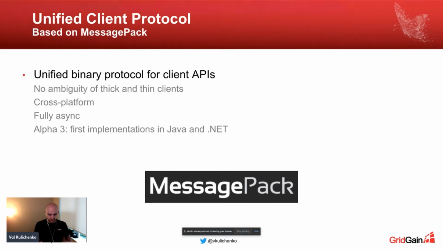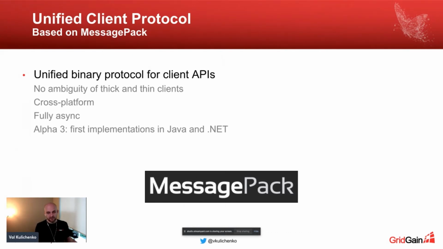So we want to unify the APIs. We want to make sure that there is a single set of APIs, and there is a simple, straightforward binary protocol which will implement all those APIs. The protocol, of course, must be cross-platform. It can be implemented for different languages and for different platforms. It will also be fully async.